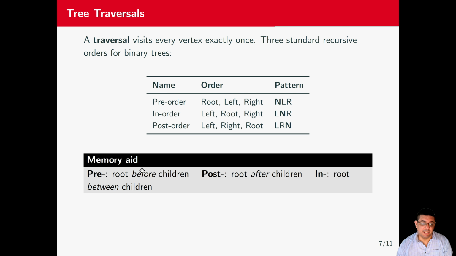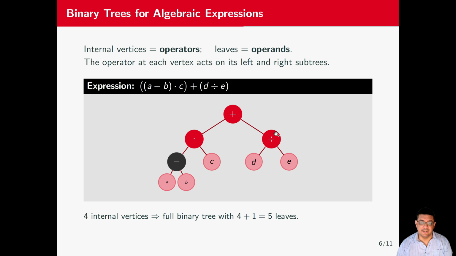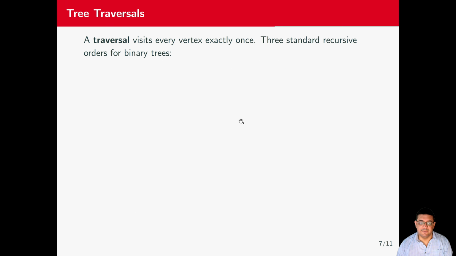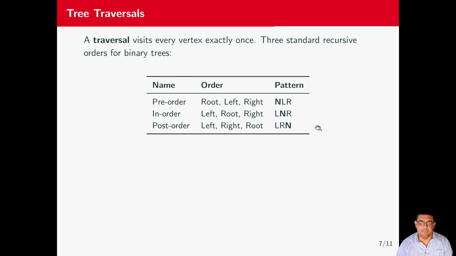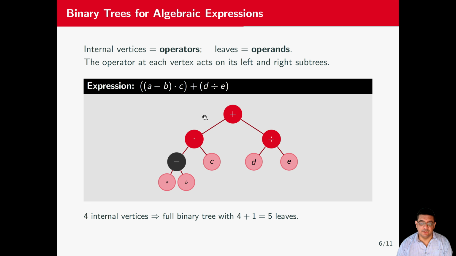But the memory aid here is that in the pre-order, the root goes before the children. In the post-order, the root goes after the children. And in the in-order, it goes between the children. So you can see that what we had here was an in-order tree situation because the root was between the children.